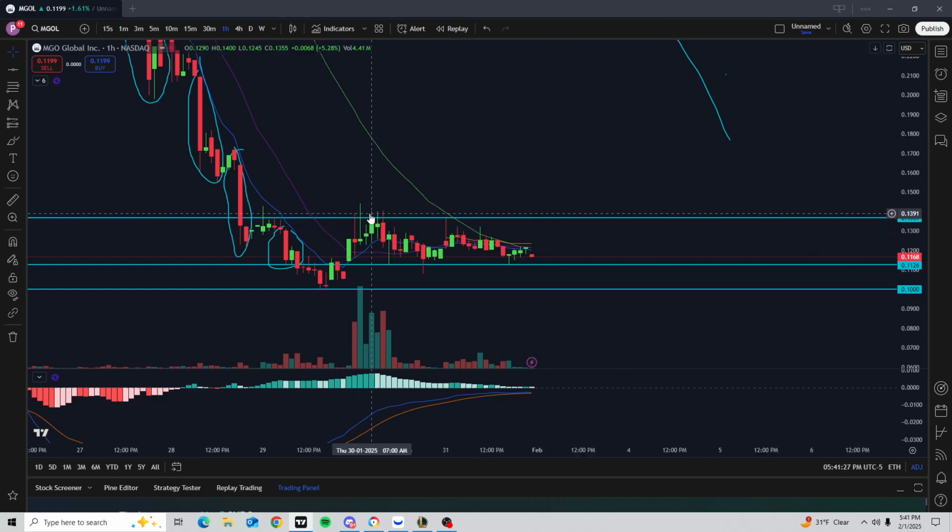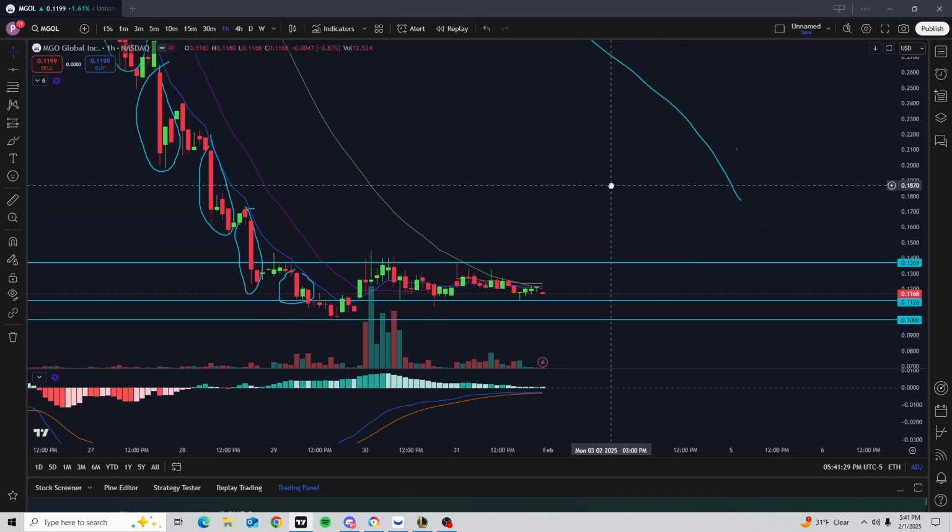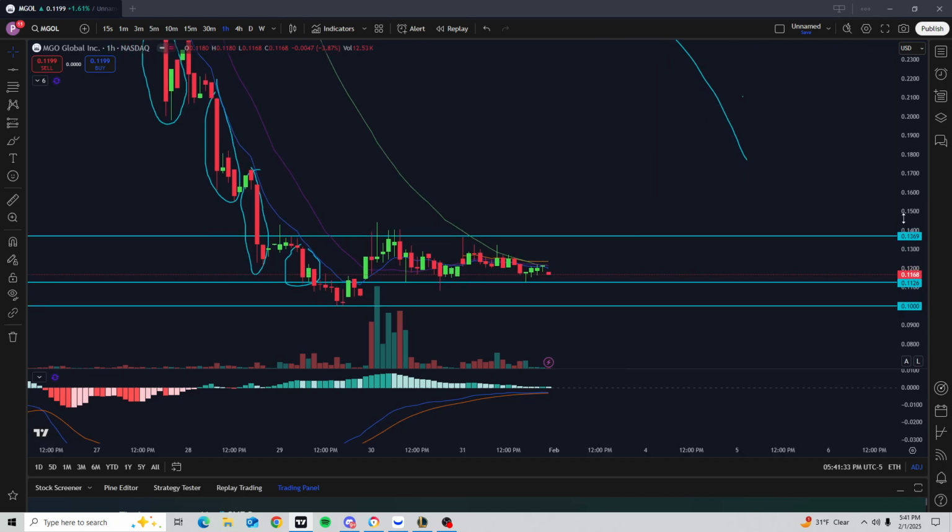You want to look at this and say, all right, so MGOL, I put $10,000 in, let's just say. I just bought back in, like I said to you guys the other day, for a pop. So let's just say I bought back in here. My average is 11.51.